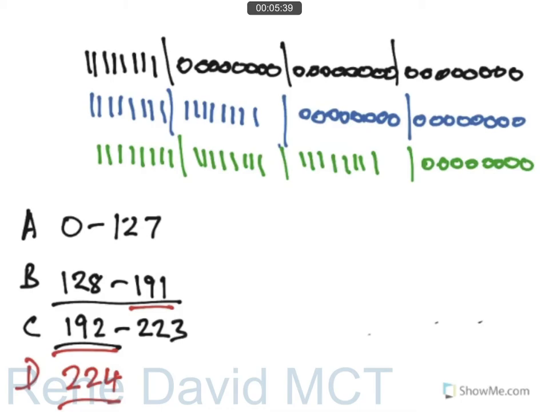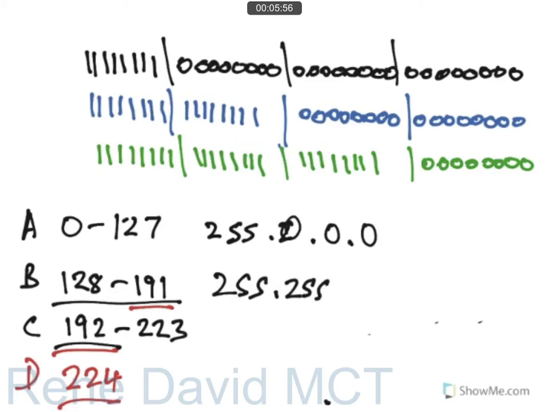Let's look at the subnet masks associated with Class A, B, and C. So Class A, the default subnet mask is 255.0.0.0. Class B, 255.255.0.0, and Class C, 255.255.255.0.